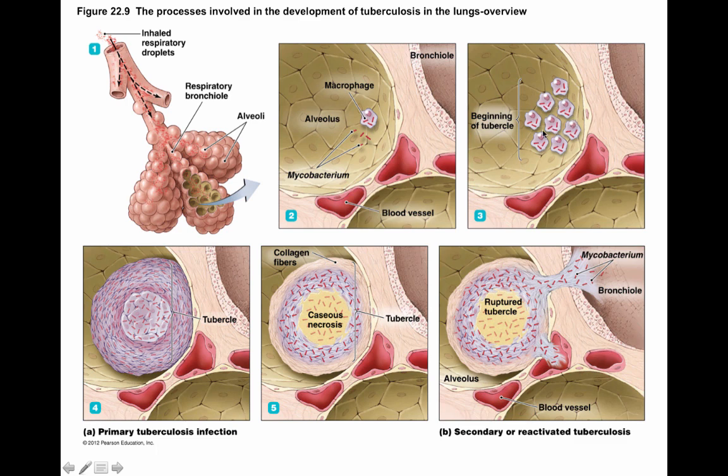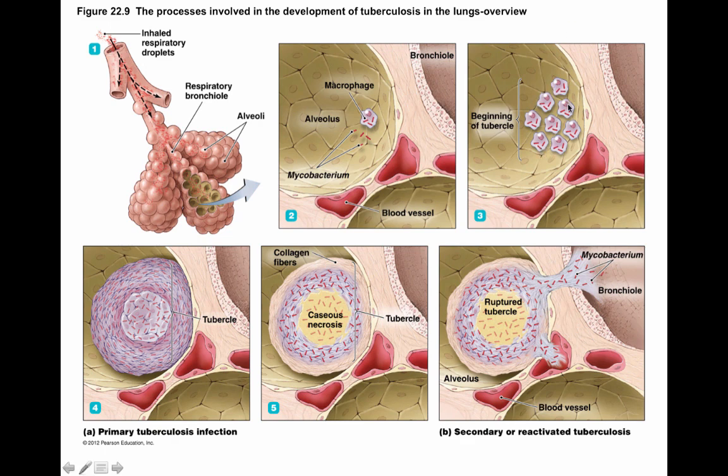All right. Now, unfortunately, though, the bacteria are not killed. Once inside, these bacteria are able to produce antiphagocytic chemicals. These chemicals cause incomplete phagocytosis. They don't prevent phagocytosis, but they prevent digestion.